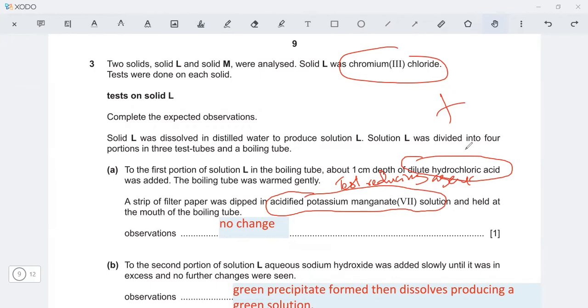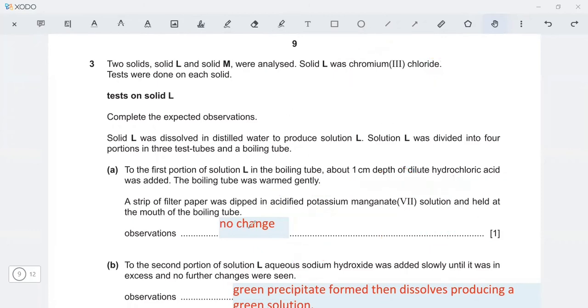That's not a reducing agent, so you're going to get no change. If a compound is a reducing agent, the color change takes place from purple to colorless. That is why there will be no change.